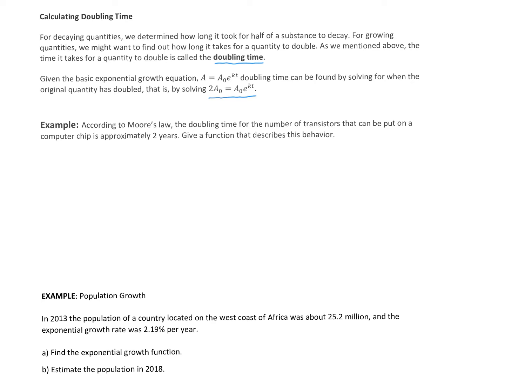Again, if I divide by a sub 0, I get 2 equals e to the kt, and I can take the natural log of both sides. Natural log of 2 equals kt, and I can solve for either k or t. So k would be the natural log of 2 over t, and t would be the natural log of 2 over k.